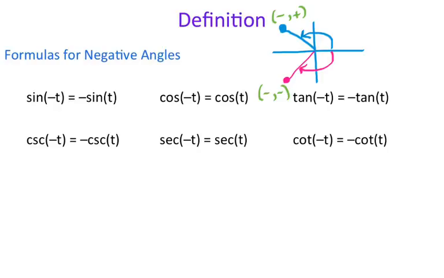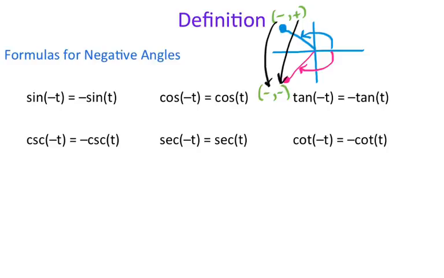So sine is your y-coordinate. If you'll notice, my y-coordinate switched signs. It went from positive to negative, which is why over here it ends up switching signs. Cosine is my x-coordinate, and your x-coordinate stayed the same sign, which is why cosine of negative t is equivalent to cosine of regular t.